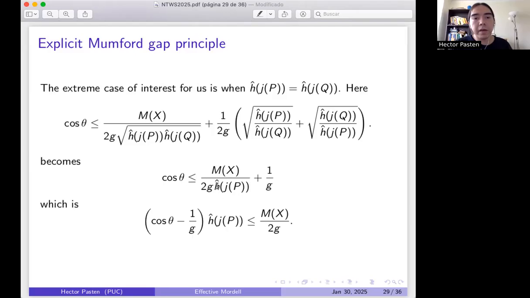You move the height to the other side, and since the height is positive, you can multiply by it and still get the inequality in the same direction. And you get this bound. So this is starting to look good because we have the height less than something. But of course, this is very special, when the height of the two points is the same, and we have no idea what's going on with this angle cosine theta.